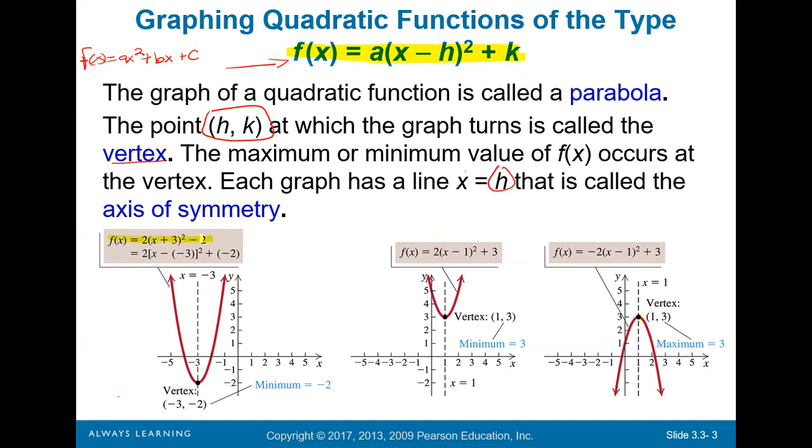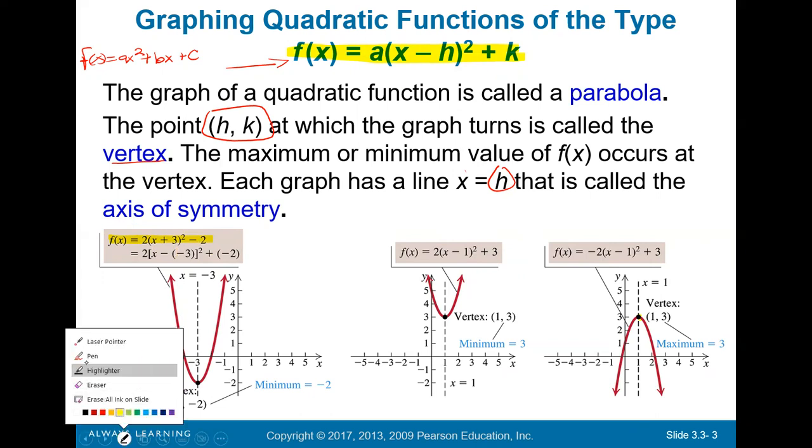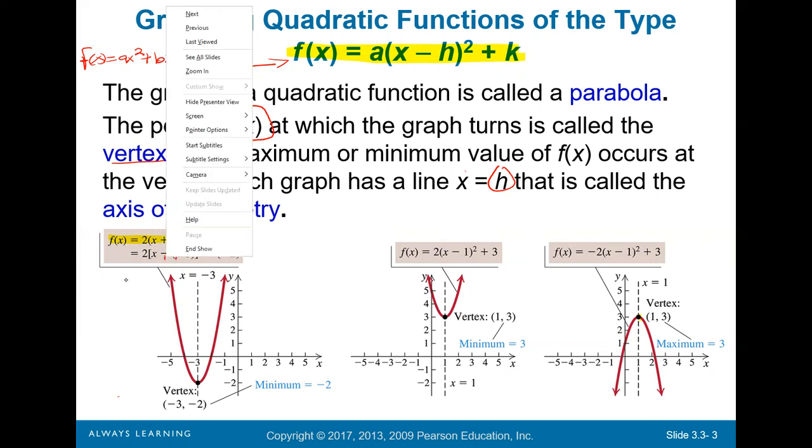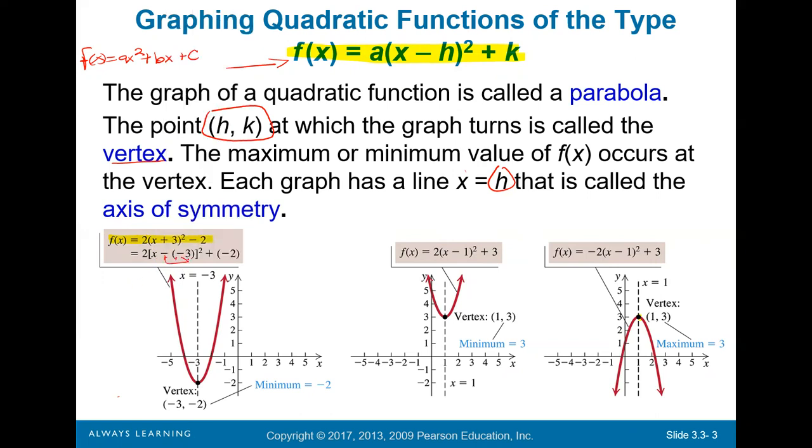So for example, we're given this function here, f of x is equal to 2 times x plus 3 all squared minus 2. I notice that we have a plus 3 there. And if I have a plus 3, I can rewrite it as x minus negative 3, negative and negative here, because negative times negative gives me a positive, which gave me back this.